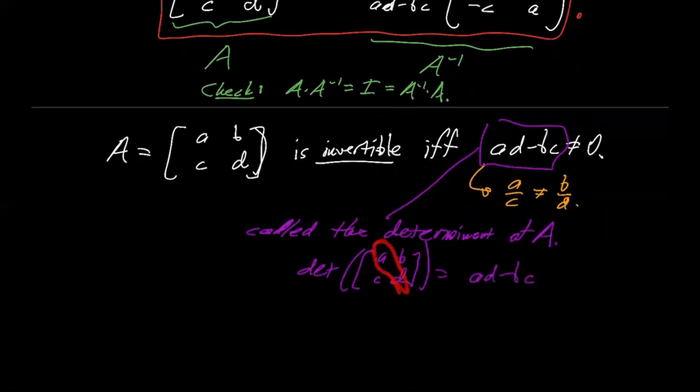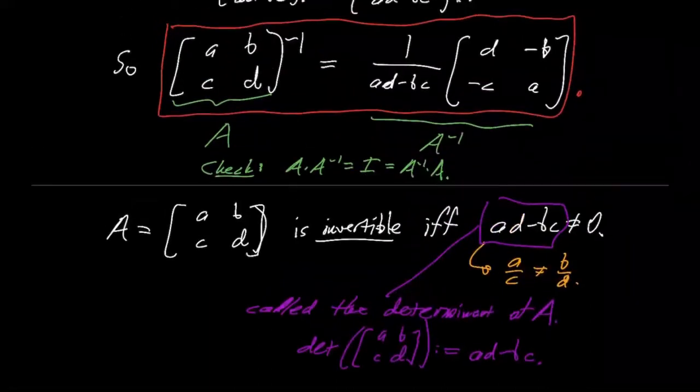You do A times D, and then you do minus B times C, like that. And this is by definition. This is defined to be AD minus BC. And it's useful. It determines lots of things. That's why it's called the determinant.